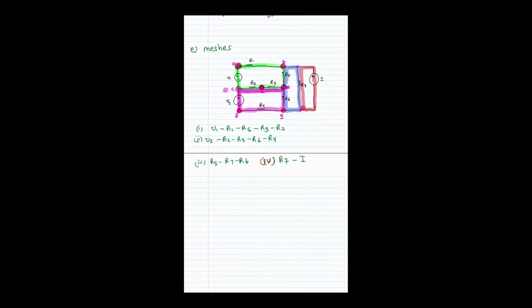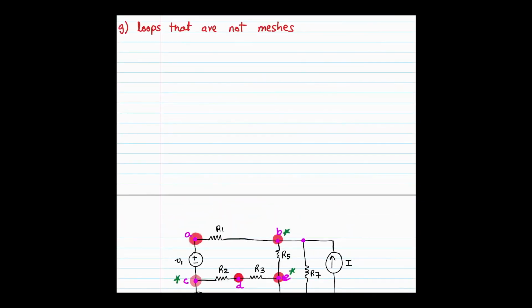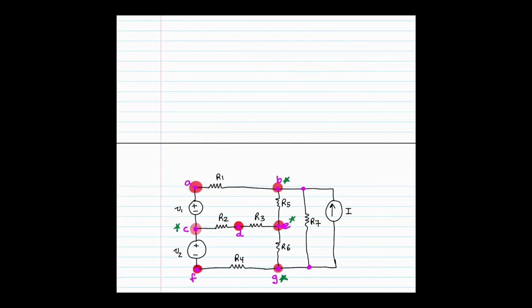Now, let's quickly progress here. We looked at A, B, C, D, E so far in the problem. The problem asks us to find nodes, essential nodes, branches, essential branches, and meshes. Now we are interested in finding two paths that are not loops or essential branches.